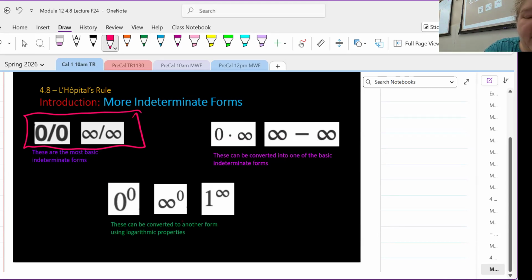If I get weird exponential forms, like 0 to the 0, infinity to the 0, or 1 to the infinity, those I can do a conversion, but I'm going to have to use log properties to do the conversion. So the gold standard for indeterminate forms is 0 over 0 or infinity over infinity. If it's anything else, do some algebra manipulation to try to force it to be 0 over 0 or infinity over infinity.